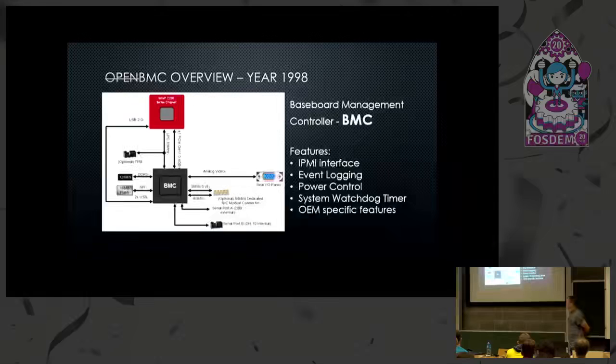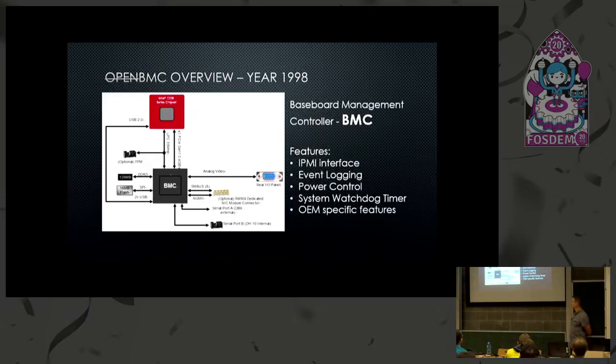So it's 1998, and something new arrived in the data center world. It's called the Baseboard Management Controller, BMC. It's a separate chip located on a server board that has multiple physical connections to multiple platform components.